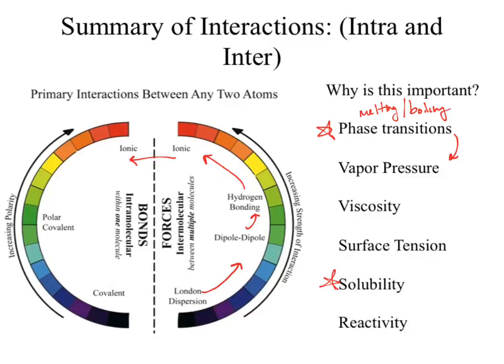If we continue to increase that attraction between those two atoms, we continue to move around our circle. And I know this gets a bit weird because we'll notice that we're starting to move down. It's still an increase in attractive force. Okay? But instead of it being classified as a force, we now reference it as a bond. So all we're doing is increasing the strength of that interaction until ultimately we reach the strongest attraction that we can possibly get, and we have a nonpolar covalent bond.